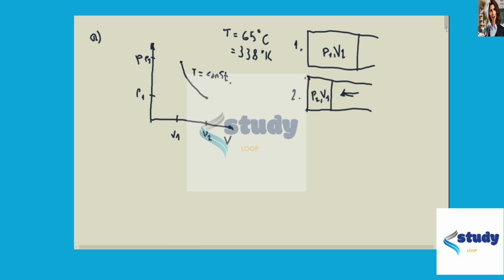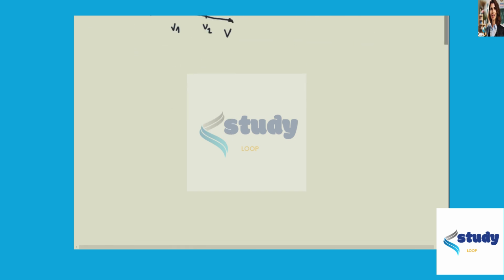Now for the part B of this problem, this is going to be a little bit more difficult. We need to find the work done for this kind of compression. So we need to start from some general law. In this case, the work is being expressed as an integration over volume, pressure as a function of volume times differential of volume.